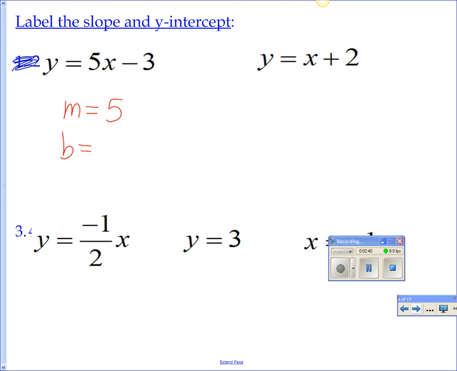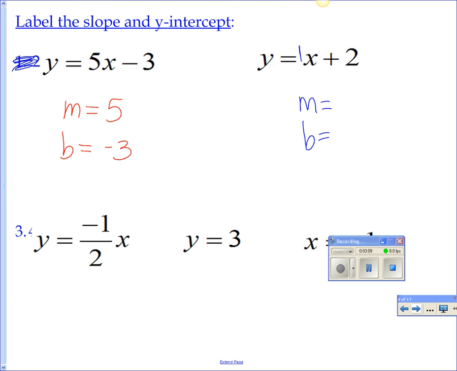What does b stand for? What word? Y-intercept. Which one of these numbers is the y-intercept? -3, because it doesn't have the x. Okay? All right. Jumping over here. m = and b =. What does the m stand for? Slope. Now, be careful. What do you think's your slope on this one?